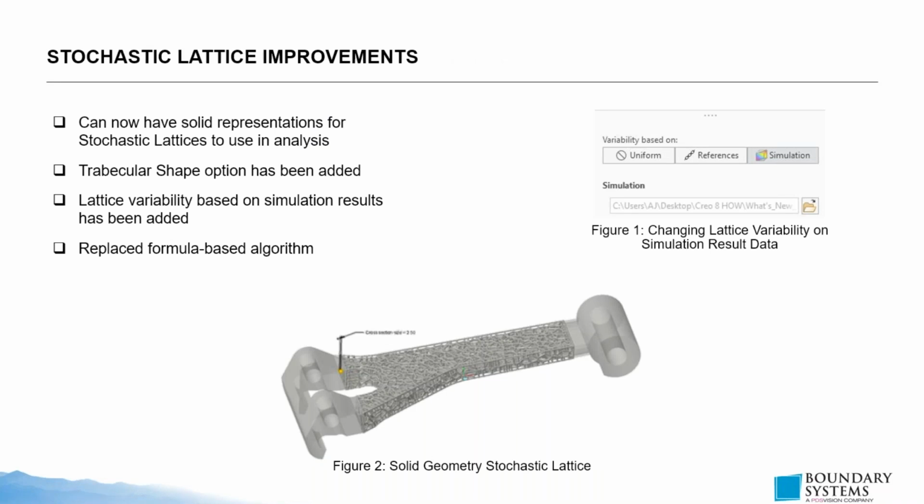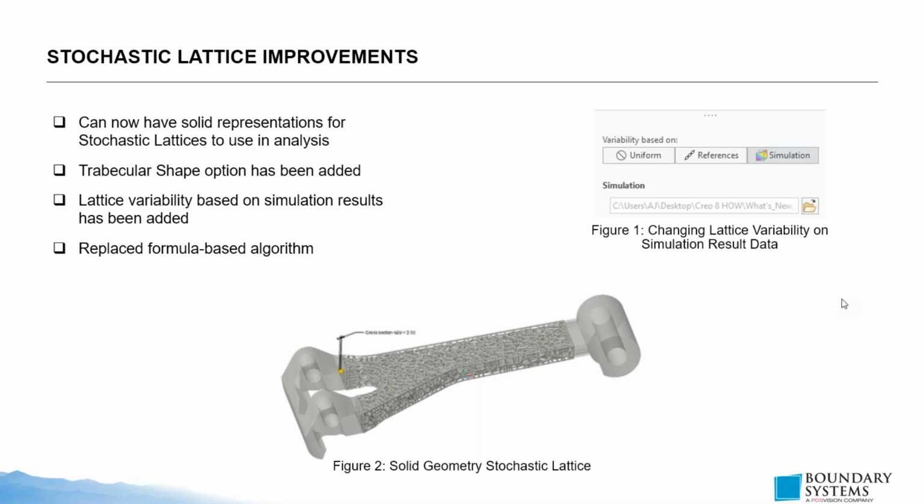All right, the last change I'm going to be talking about is a big improvement for stochastic lattices. I'll cover, I guess, 4 changes for stochastic lattices, but the big exciting one is that we can actually integrate the results from a simulation when creating a lattice.